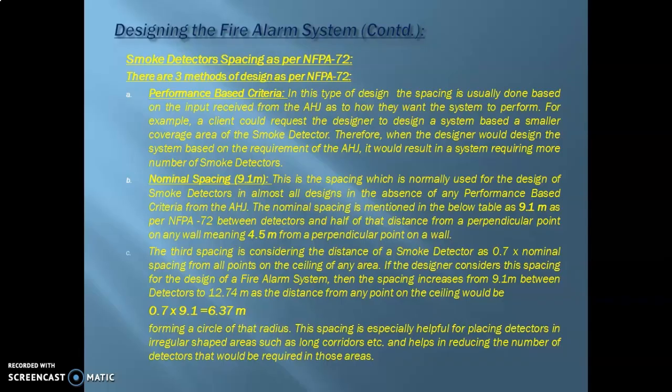That means the complete diameter will be 12.74. So that's how you get the distance between the smoke detectors. All right. Now, of course, this third category of spacing is normally more helpful and considered for irregular shaped areas.